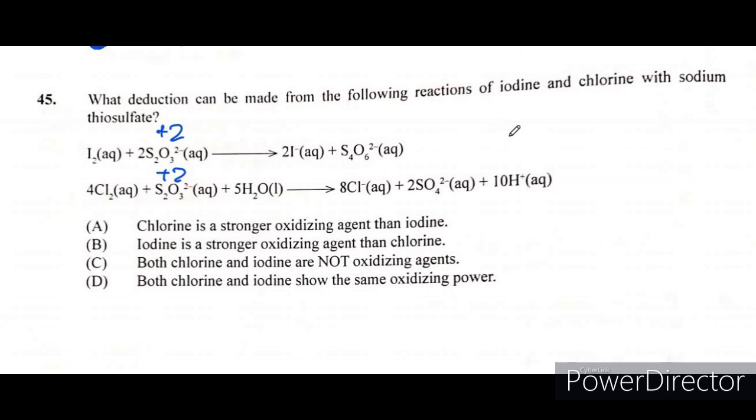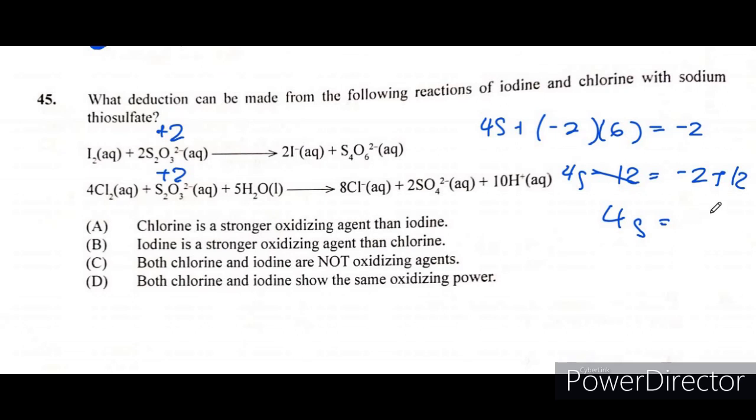Alright, now we have 4S plus minus 2 times 6 is equal to minus 2. 2 times 6 is 12, so I have minus 12 there, and 4S is equal to minus 2 plus 12, because we add 12 to both sides. 4S is equal to 10, so 4 into 10, 2 times 4 is 8, and leave 2 over 4, so 2 and 2 over 4, which is 2.5. 2.5, right?